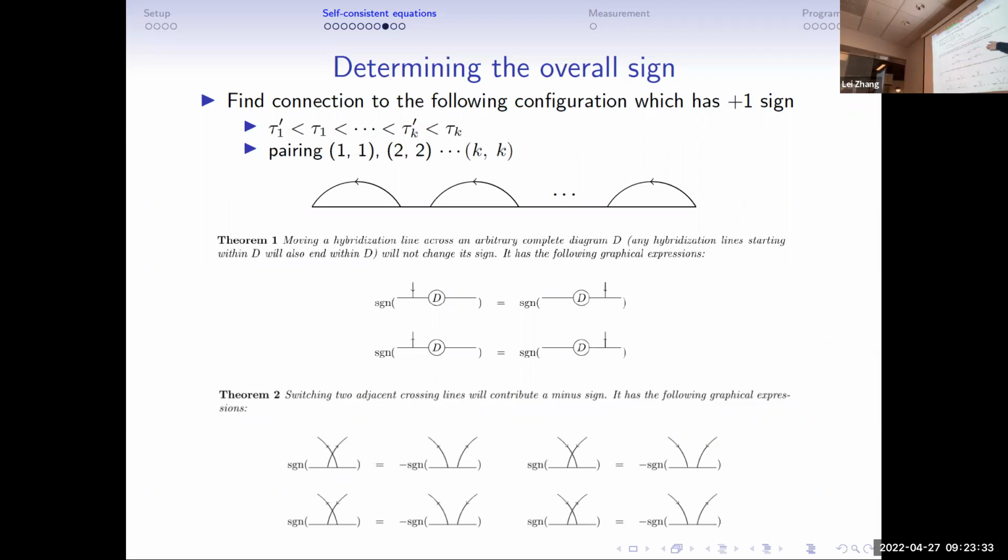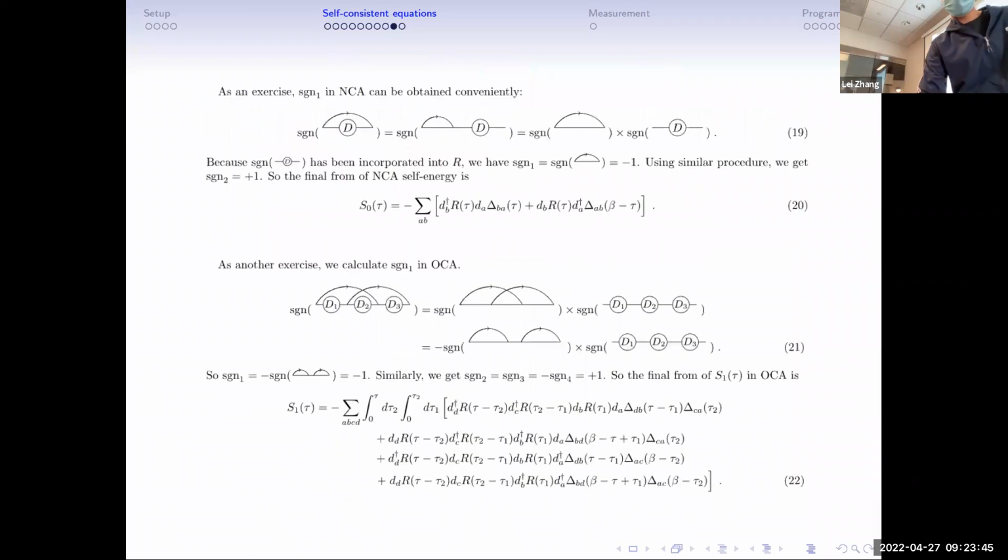And I found that the first step will not change the sign, and the second one will change the sign. You can find more detail in my notes if you are interested. And as examples, using these two elementary movements, we can find the expression of S0 tau and S1 tau easily.